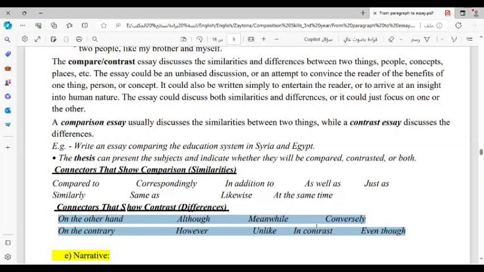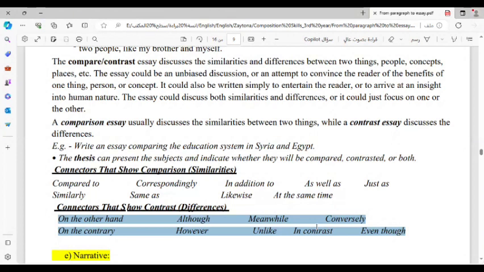You can say another example. For example, people in the Arab world prefer eating meat and chicken, semicolon or full stop.